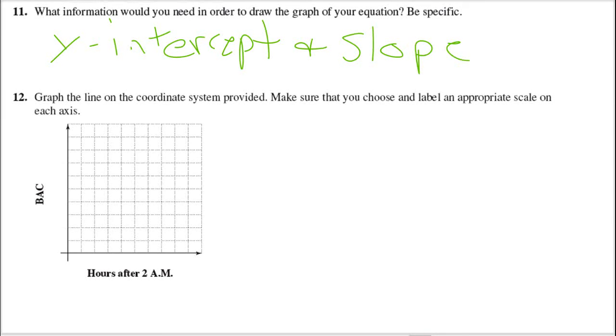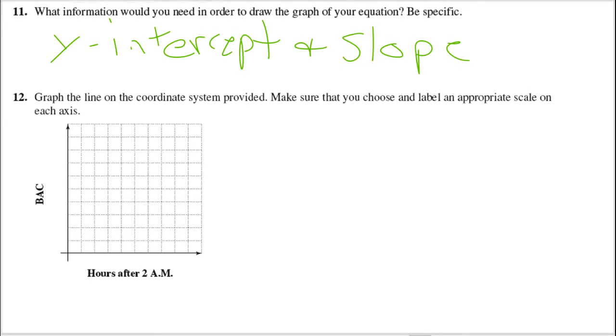All right. So blood alcohol content, hours after midnight. I want to see how many hours this is going to take. If I'm going to draw this, I need to know how many hours it's going to take. You may or may not have done this. It's okay.